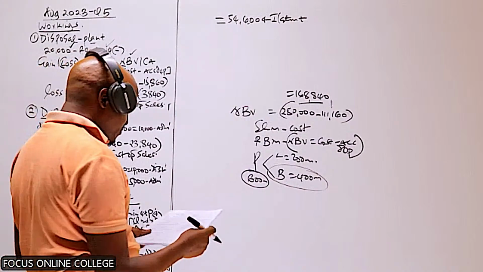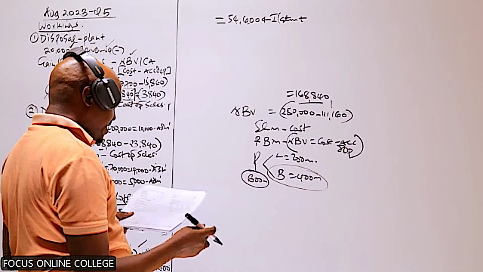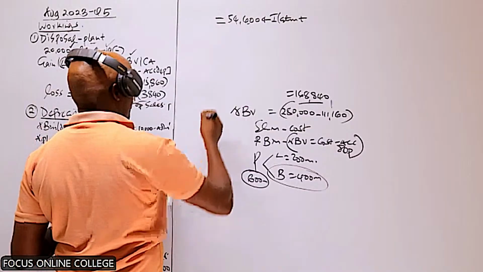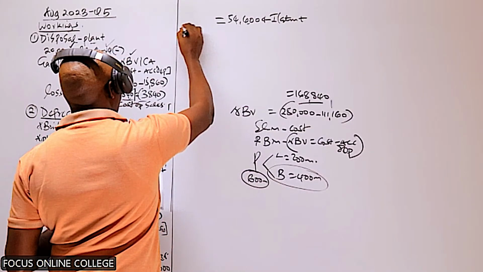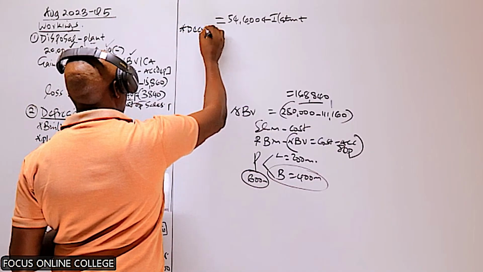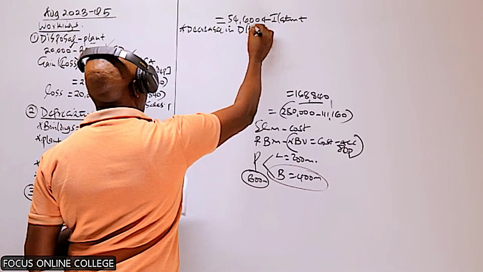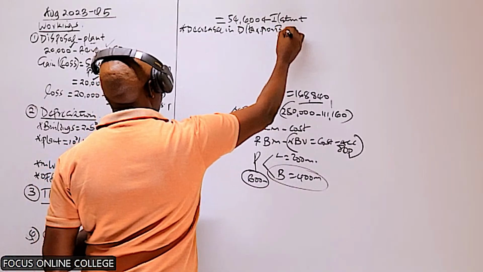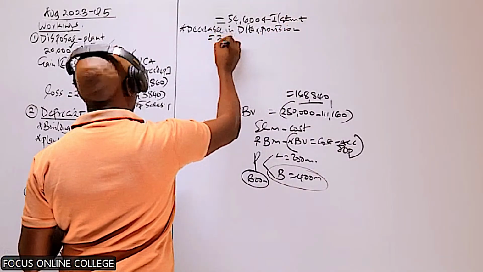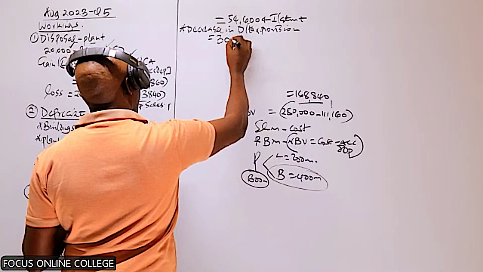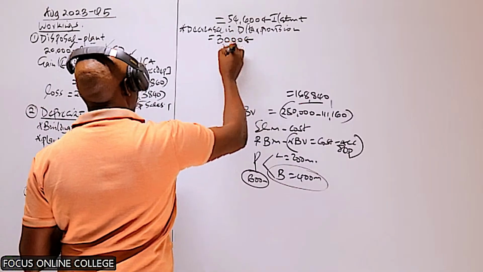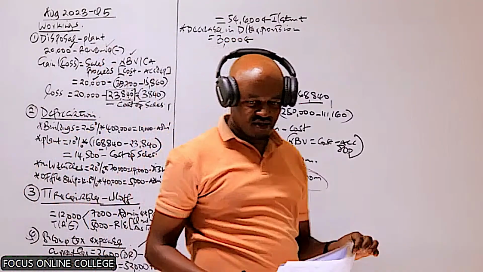Still in the same point, we are told there was a decrease in the deferred tax provision of 3 million. So how do we account for this? A decrease in deferred tax.